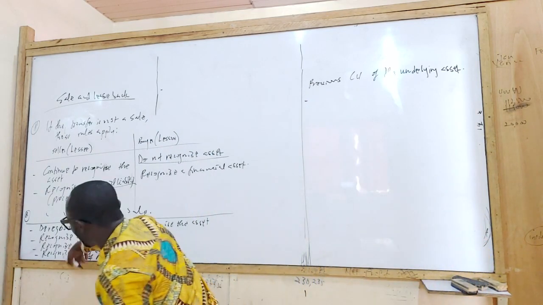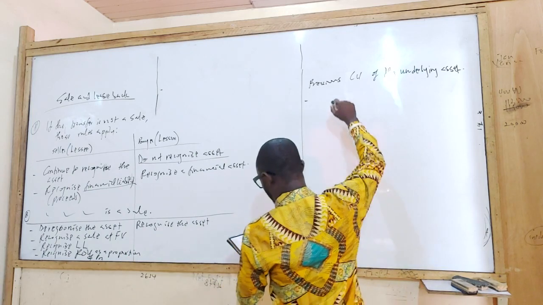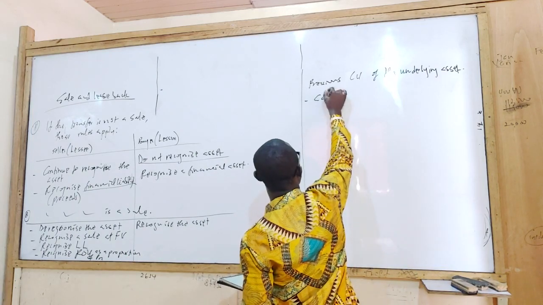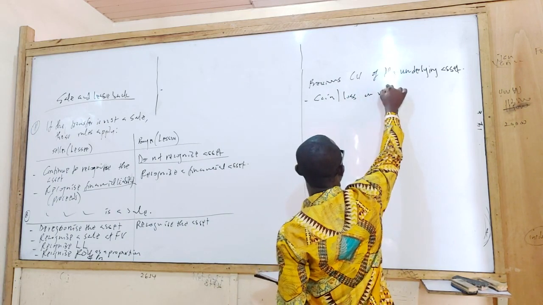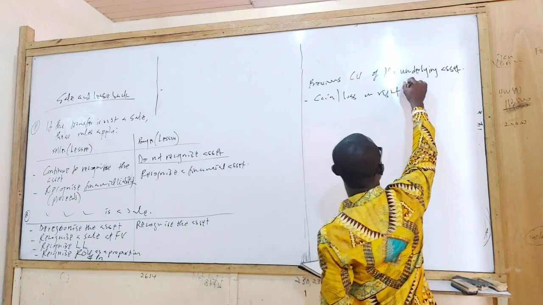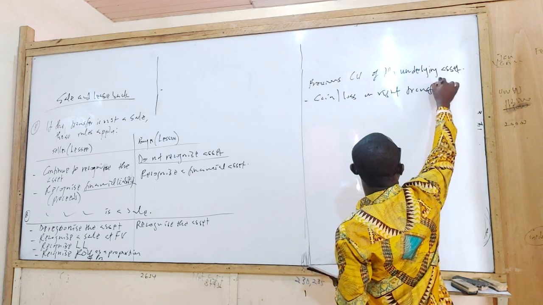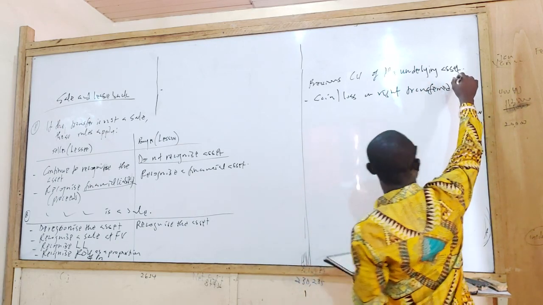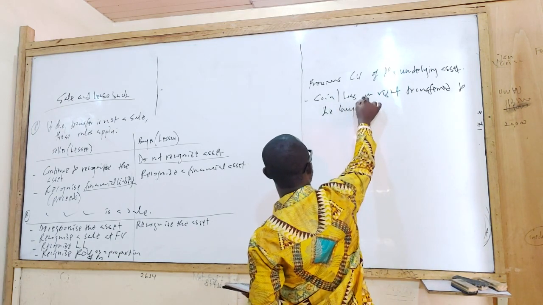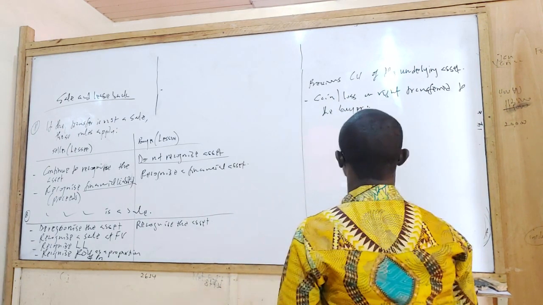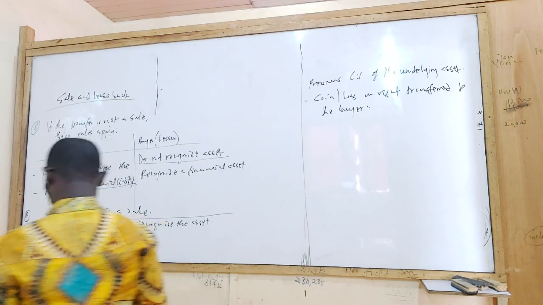Then the last thing, the fifth one under the seller, is that he recognizes gain or loss on rights transferred to the buyer.